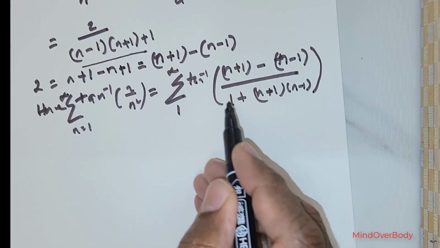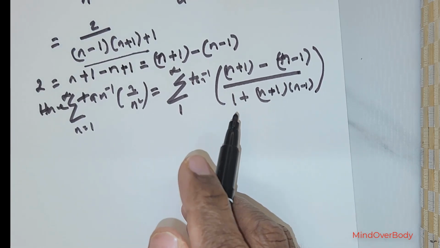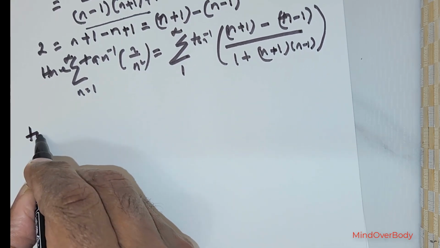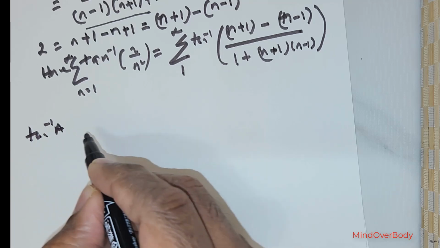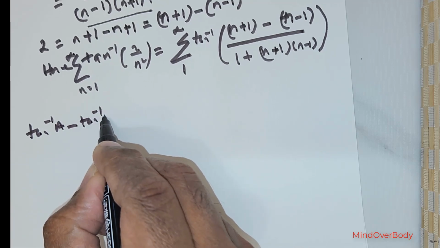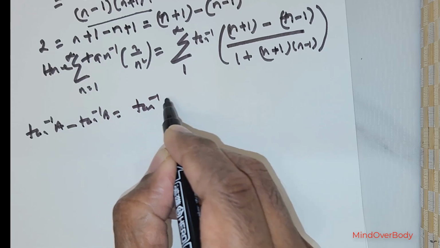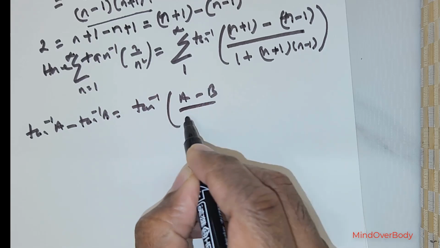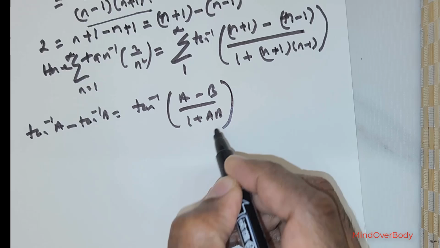Okay, fair enough. Now this is a very popular result, a formula, which is tan inverse of a negative tan inverse of b is equal to tan inverse of a negative b divided by 1 positive ab.